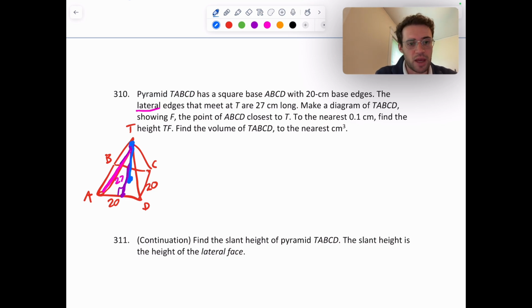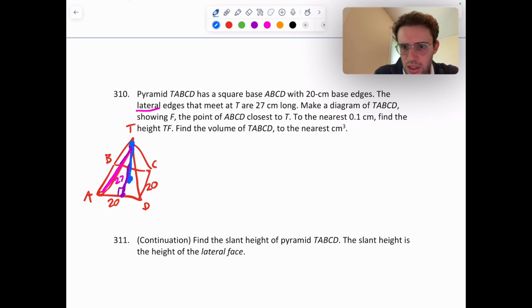It should be in the middle of the base if it's actually a right pyramid. So that's the altitude, which is, again, different from the slant height and different from the lateral edge. The lateral edge is the biggest, slant height should be the second longest, and then the shortest path is that altitude dropping straight down. So to find the altitude, we're going to actually need to first find the slant height.